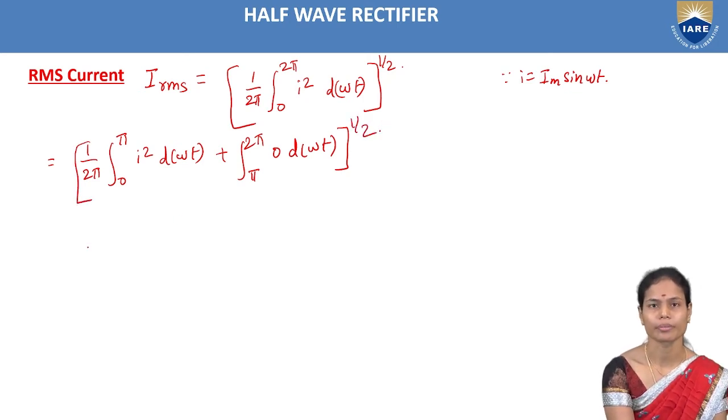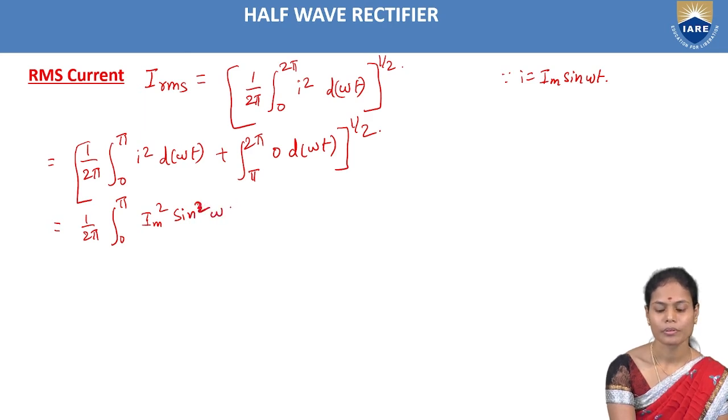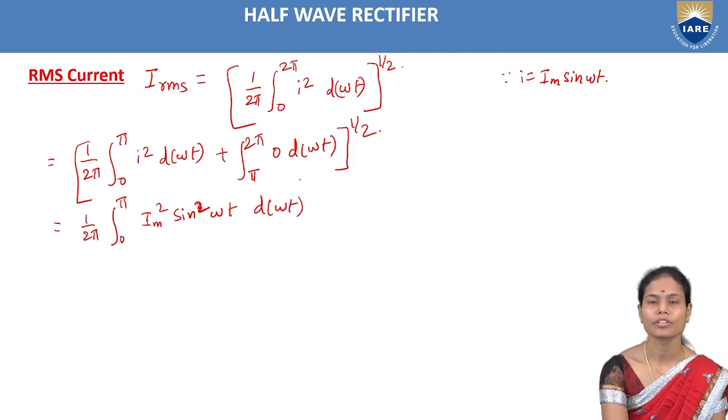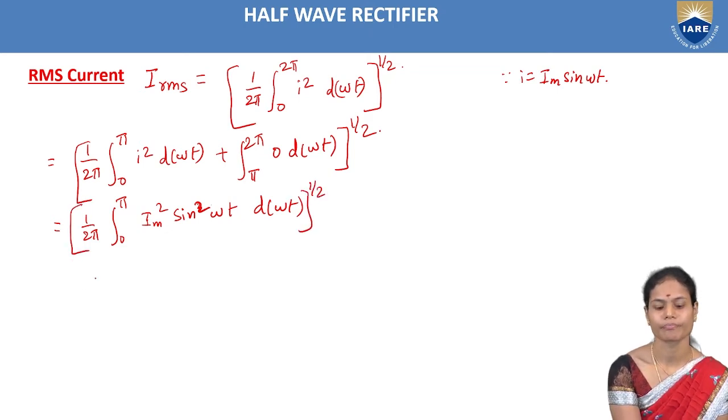Total under root. Now substitute the value of I, that is 1 by 2 pi integral of 0 to pi Im square sine square omega t d omega t. The pi to 2 pi value is 0. So total under root.